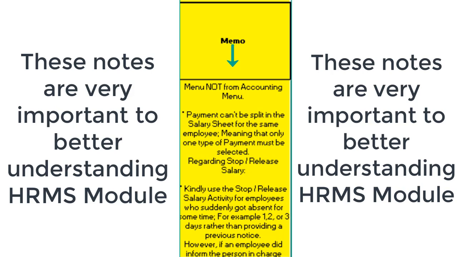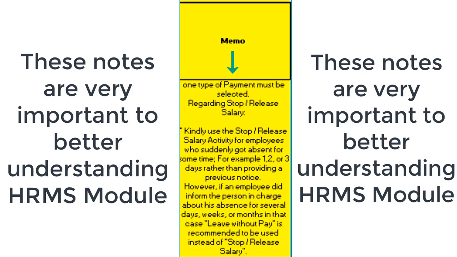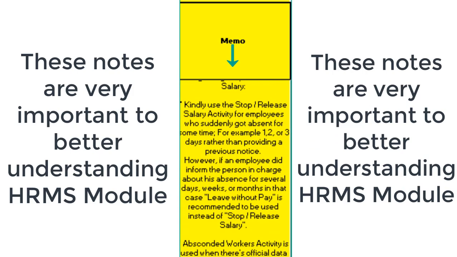Now let's talk a little bit about the stop or release the salary of employees. Regarding this activity, it's recommended to be used for those employees who have been absent for a few days without giving any previous notice.